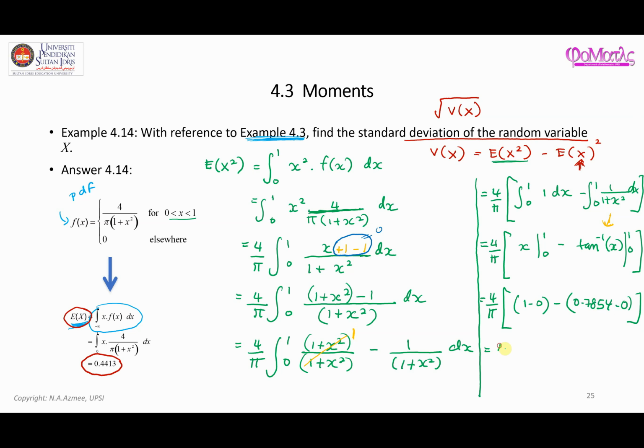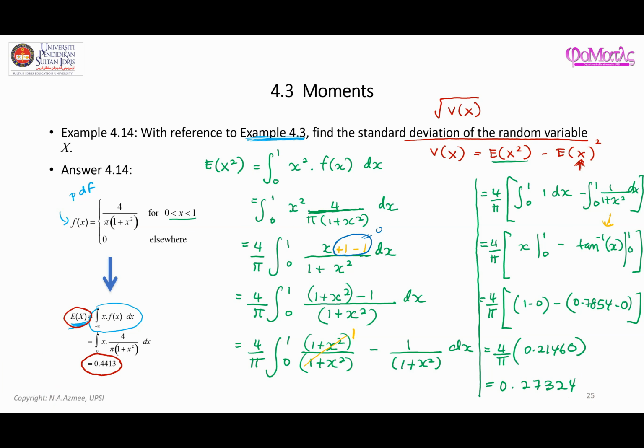You will get 4 over pi times 0.21460, and this is going to be equal to 0.2732, more or less. Okay, so this is not the final answer. Sorry, this is just the value of E(X squared).